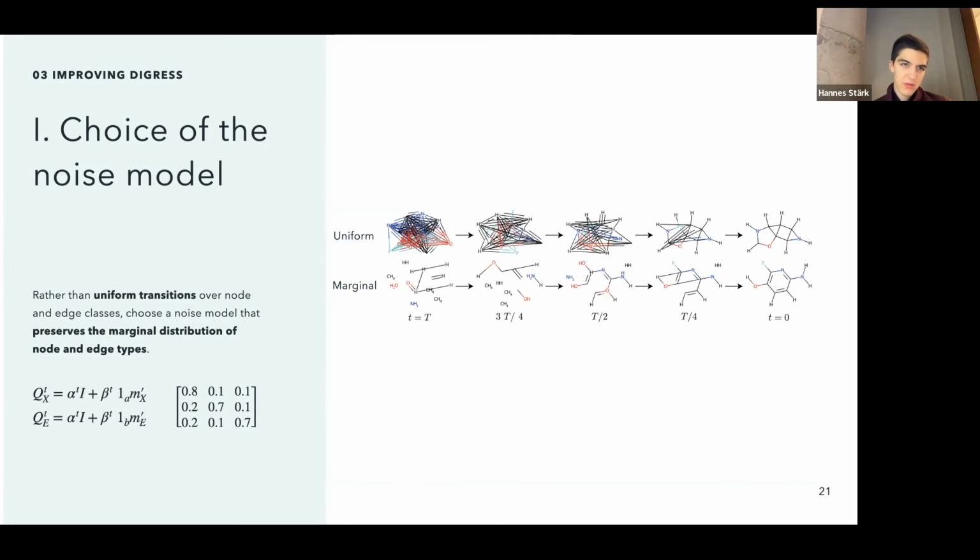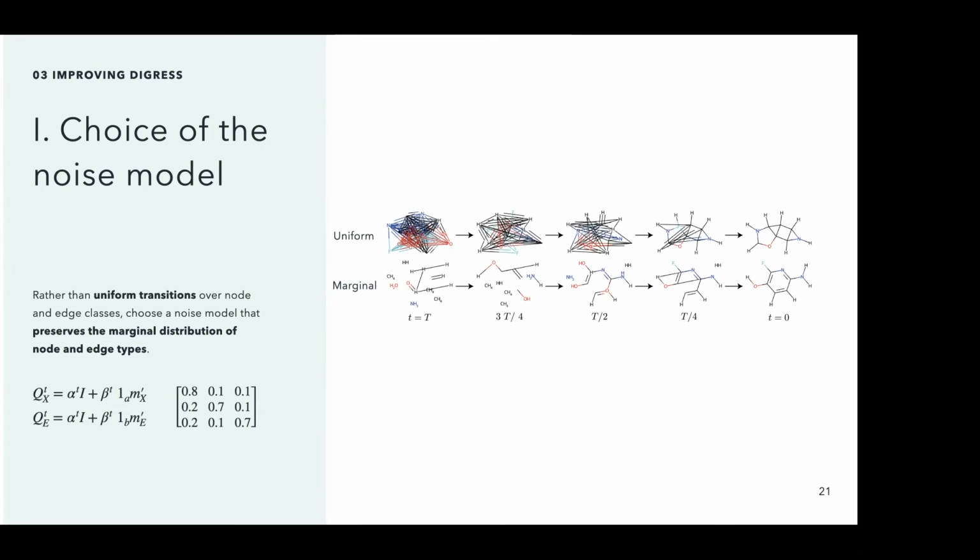Ahmed? Hello. So while training the model, you were sampling a timestamp t and calculating the graph at that timestamp and using the denoising transformer to predict the clean graph.